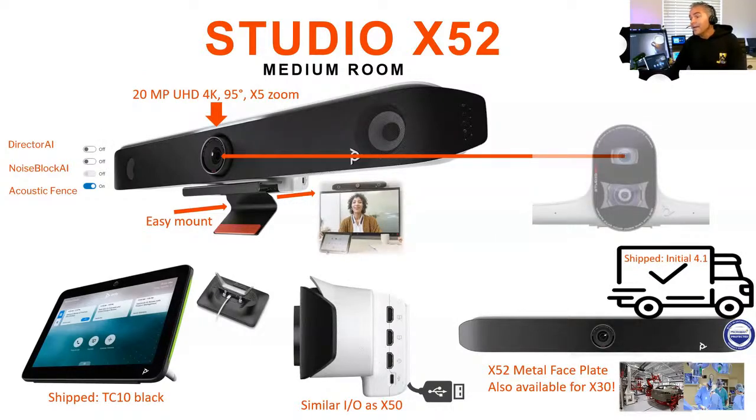What is important is the X52 comes with an initial version of 4.1. So probably people will ask what is the initial version? Well, like every software piece, the 4.1 has been tested for a while, and because we wanted to ship out the X52, it was already loaded with a 4.1 version.